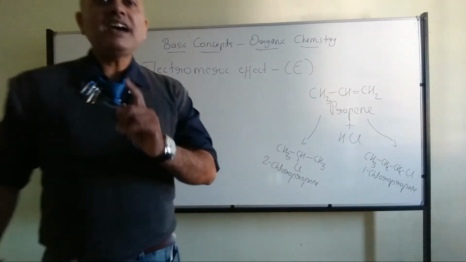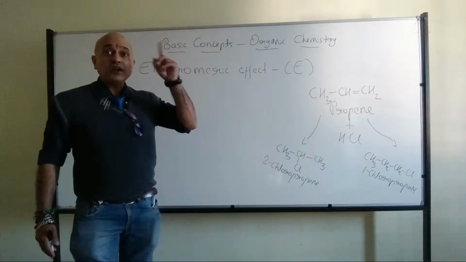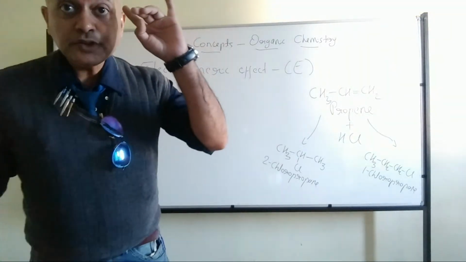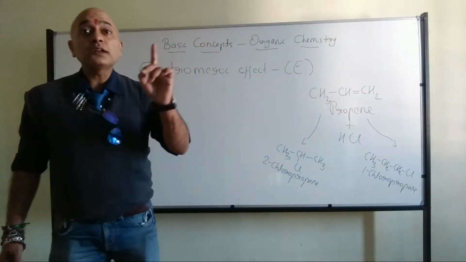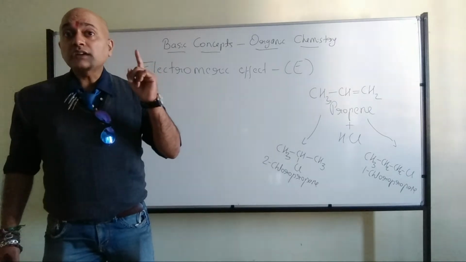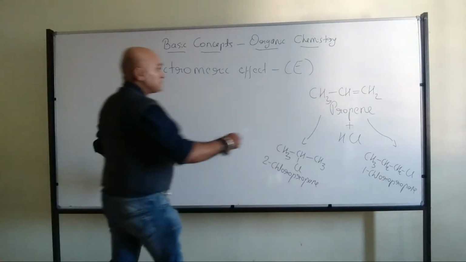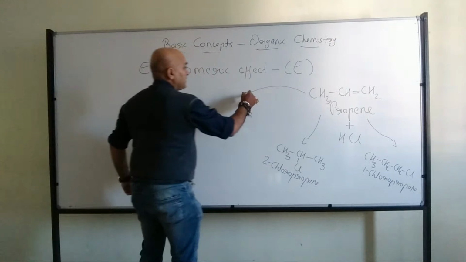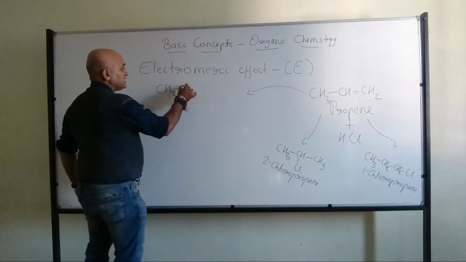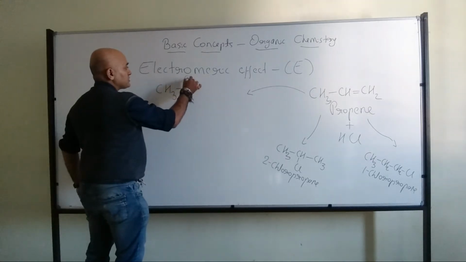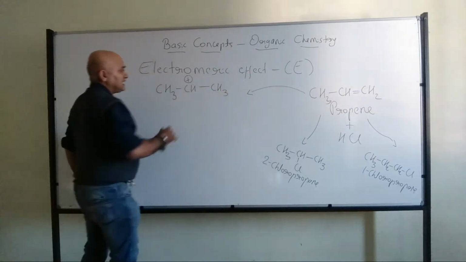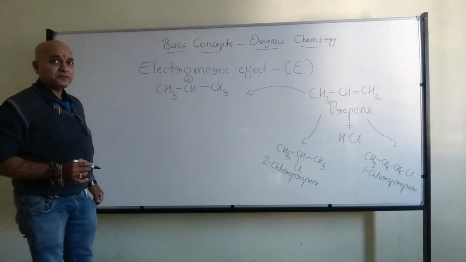Okay, that's where you should apply the concept. One minute, Anupama, one minute. That's where you should apply the concept of carbocations. If you observe it carefully, either we can have the carbocation CH3, CH positive, then CH3. That can be one carbocation.